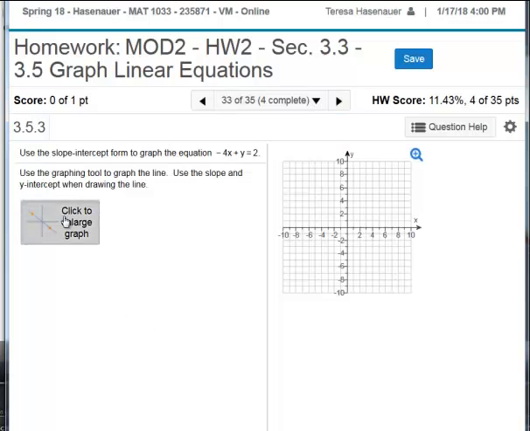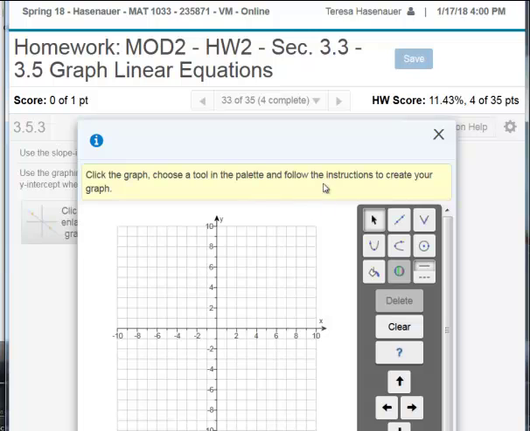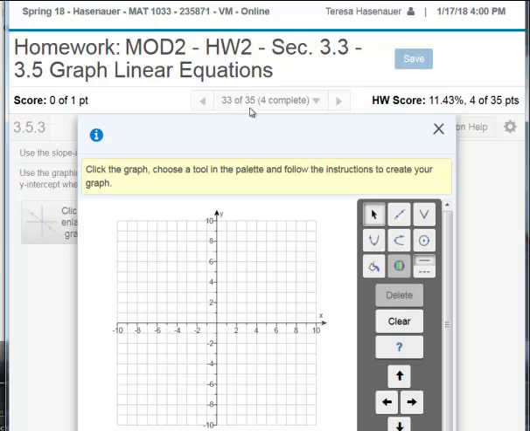So first I'm going to click to enlarge my graph. I'm going to try to move it up just a little bit. I want to click the line tool. Get your cursor over 0, 0. You want to plot your y-intercept. So 0, 2. Over 0, up 2, click.